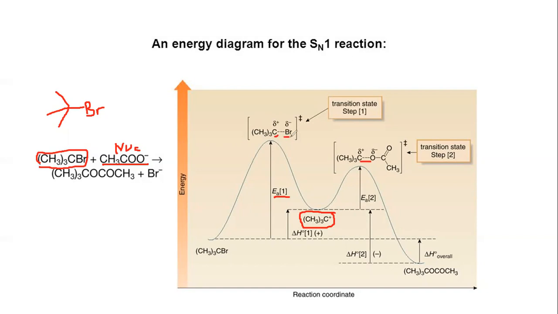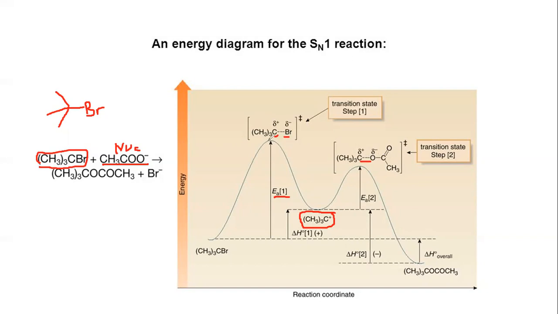So we're replacing a non-polar bond with a carbon-oxygen bond, which is more polar. So we're substituting a non-polar bond for a polar bond. That's going to make it more stable. It's going to be exothermic. So generally with your substitution reactions, these are exothermic because you're replacing a non-polar bond with a polar bond.